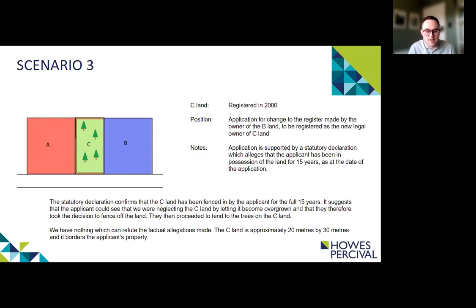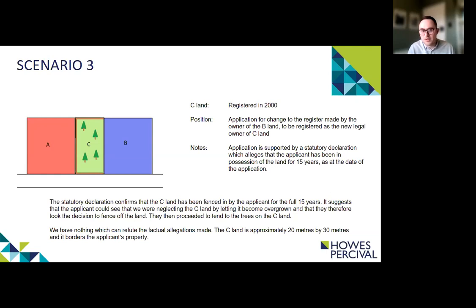And similarly, if you look in their statutory declaration, you'll see that they acknowledge that we were neglecting the sea land by letting it become overgrown, which shows that the applicant knew that it was our land and that they've stepped in to take possession. So I think we can rule out condition 3, the reasonable mistake on boundaries.